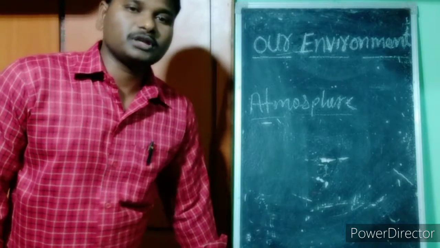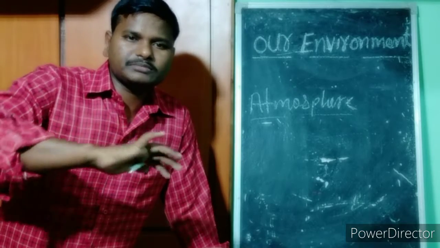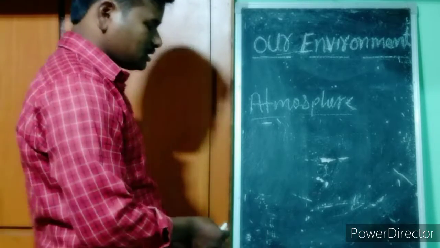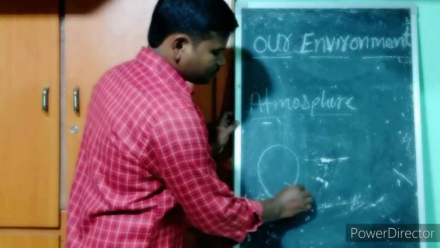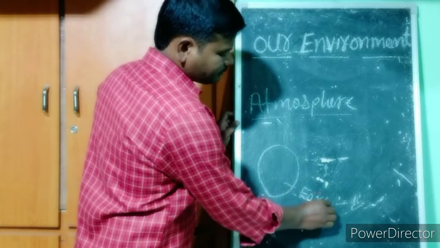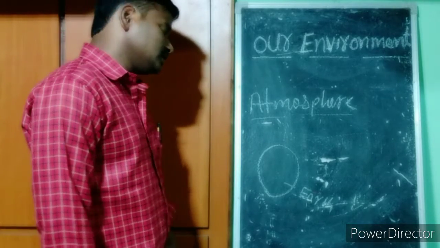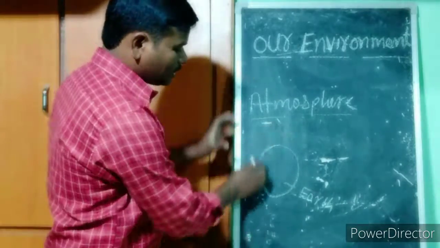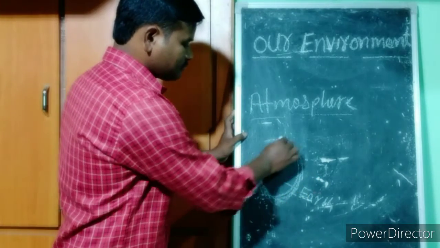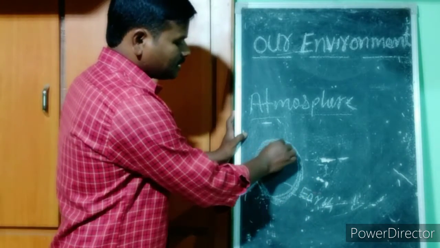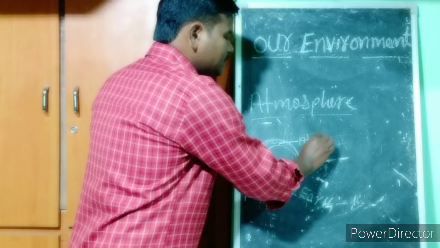The atmosphere is a thin layer of air that envelops the earth. We already learned this in the 6th class. If this is the earth, a thin layer of air surrounds the earth like this. This we can call the atmosphere.